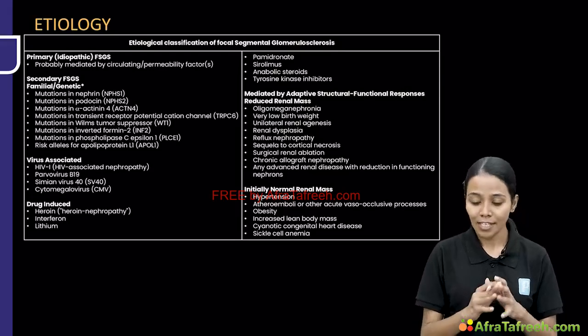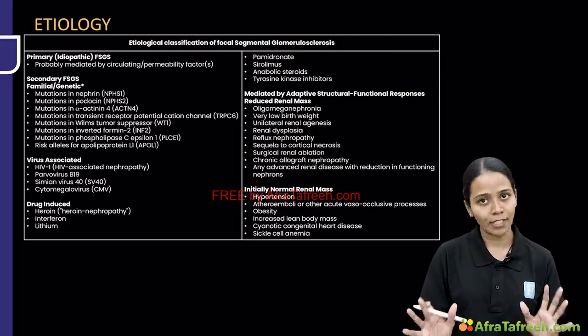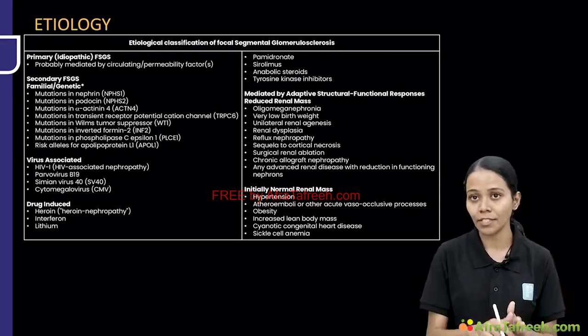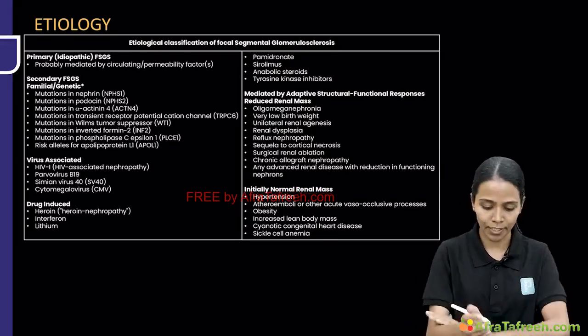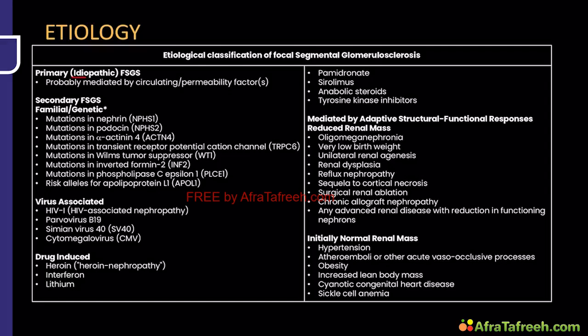Now, etiology. This huge table is actually pretty simple. So, let me go through this table and make you understand. First, you classify this into primary and secondary, like any other classification. Now, coming to primary, which is also idiopathic, that is, no known cause will be detected.